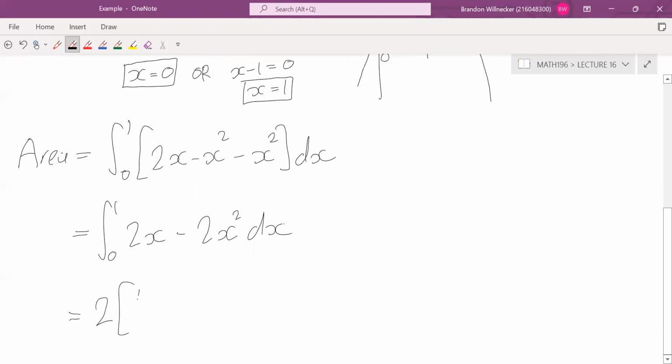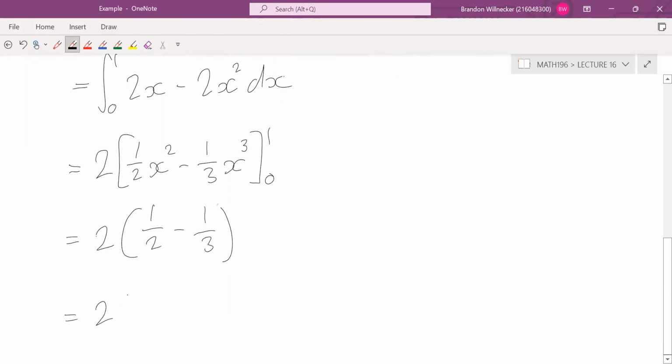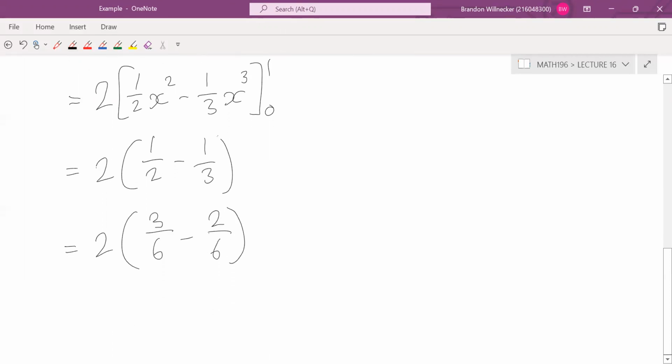So the integral of x, that's going to be 1/2 x squared. The integral of x squared, that's going to be 1/3 x cubed from 0 to 1. So this is going to be 2 times 1/2 minus 1/3. That's the same thing as 2 times 3 over 6 minus 2 over 6. So 3 over 6 minus 2 over 6, that gives us 1/6. Then we've got the 2 in front, so that's going to be 2/6.